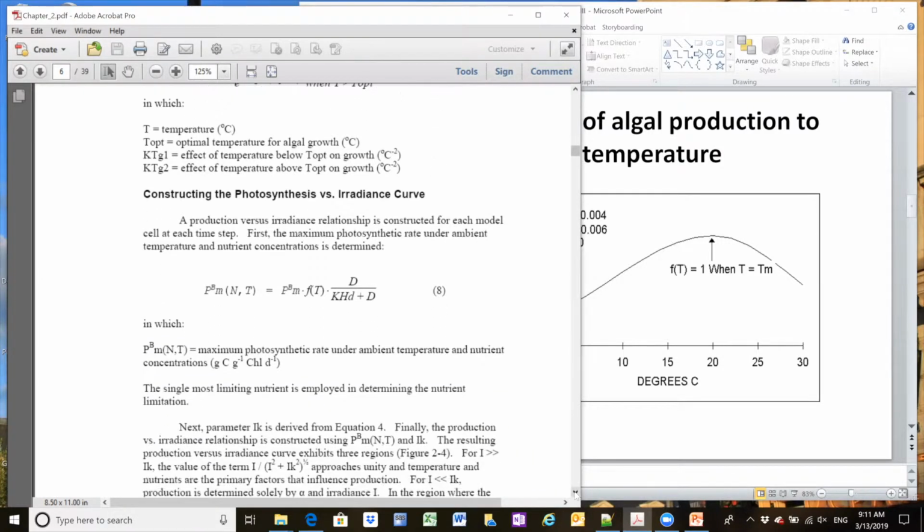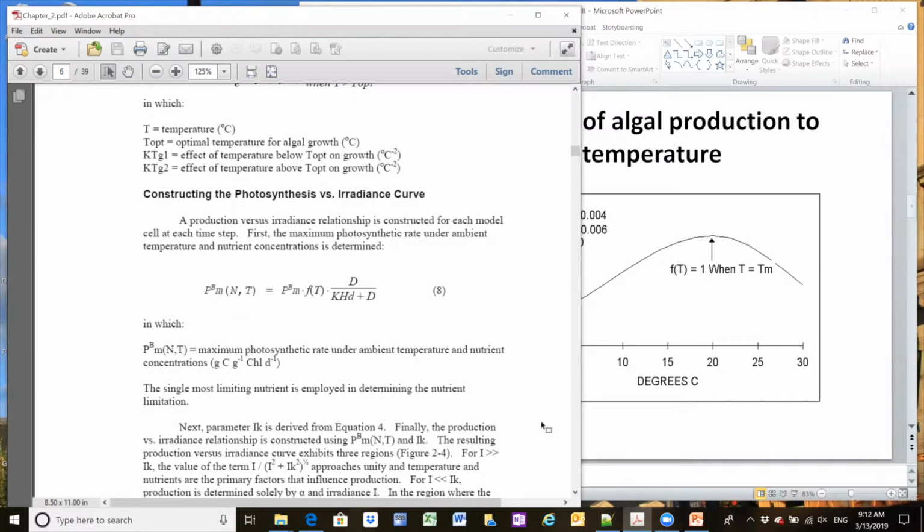So the first thing we do is figure out what the maximum production rate would be given the temperature and the nutrients. We take the physiological maximum production rate and reduce it by temperature and nutrients. Now what we've got is a maximum at ambient temperature and nutrient condition.